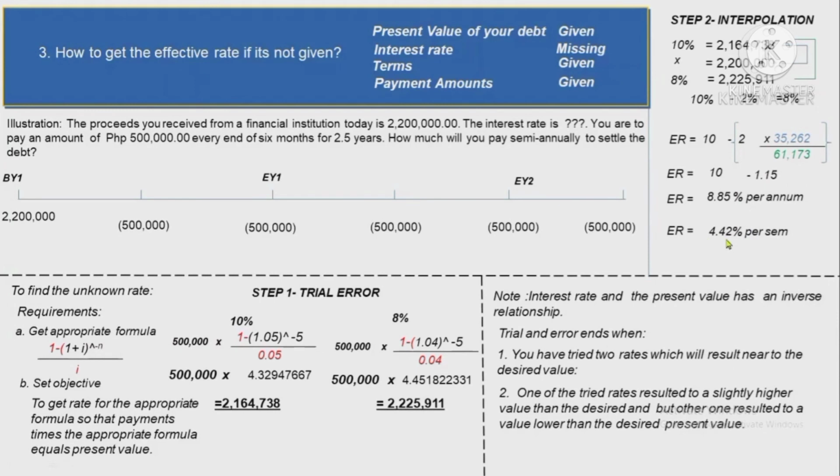Let's check if our 4.42% per sem is correct, and let's apply the 1.0442 in our timeline before. So we have 2.2 times 1.0442, you have 2,297,240 minus your first payment, then you're gonna have a liability of 1,797,240.